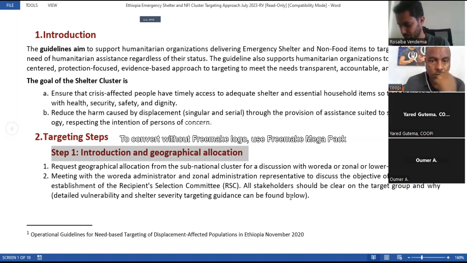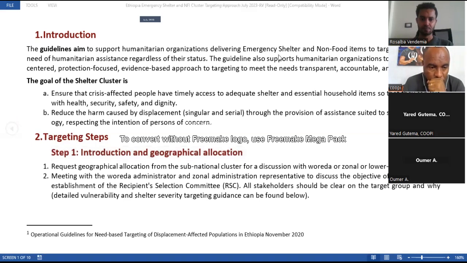This is the area that I would like everyone to reflect on: which are the areas that we lack, or have gaps, as well as which are the areas we are strong enough that we have to do the same further. About the targeting steps, the first one is introduction and the geographical location.